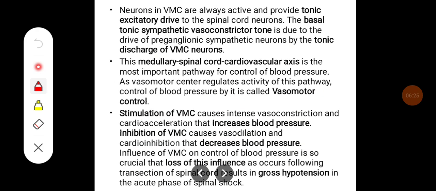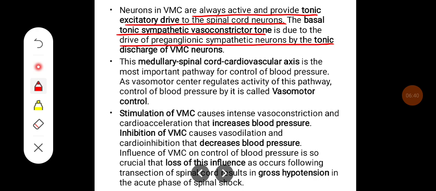The neurons of the VMC are always active and provide tonic excitatory drive to the spinal cord neurons. The basal tonic sympathetic vasoconstrictor tone is due to the drive of preganglionic sympathetic neurons by tonic discharge of VMC neurons. This medullary spinal cord cardiovascular axis is the most important pathway for control of blood pressure.